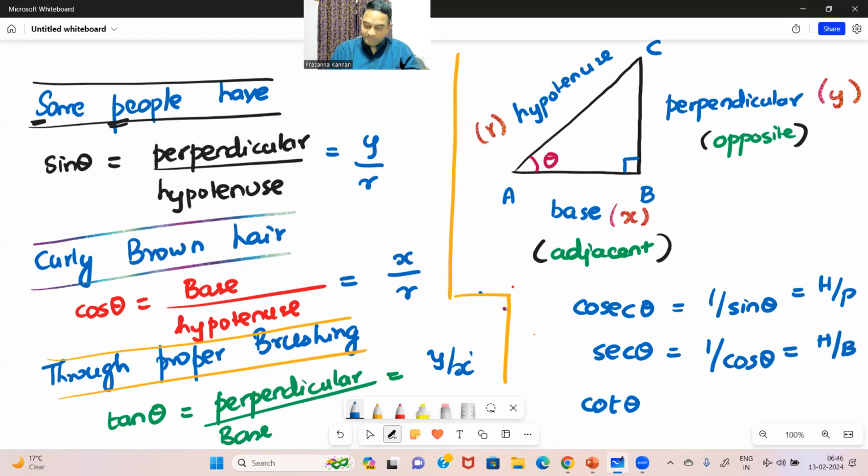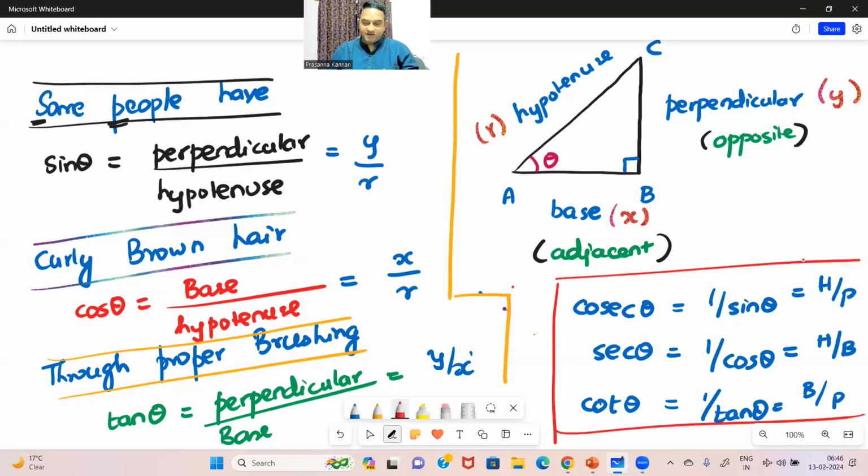What is cot theta? Base by perpendicular, or X by Y, or 1 by tan theta. Is it clear to you? Okay, good.